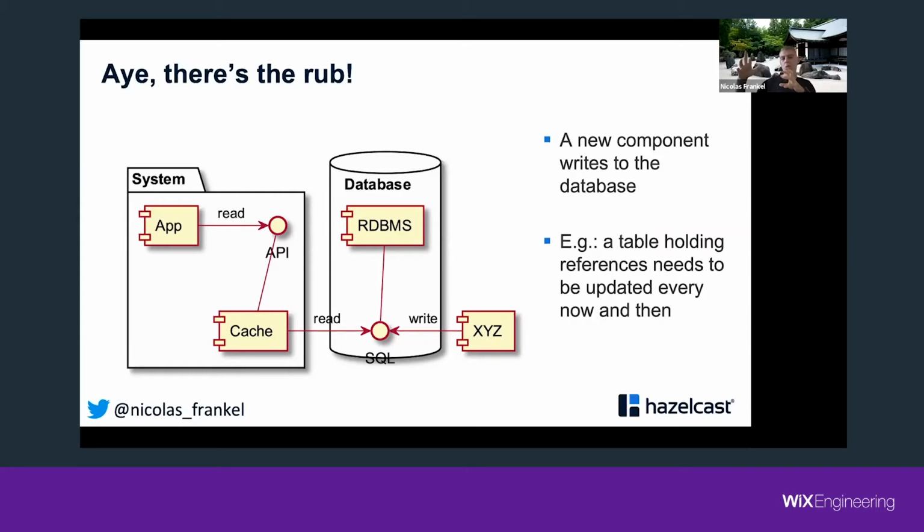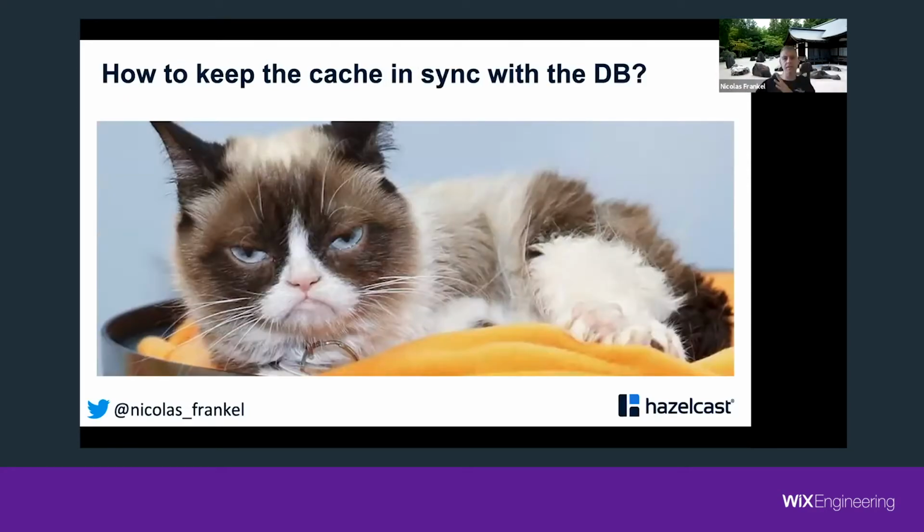In general, what will happen if you are using a database is you will have some reference data, and then when it gets updated, your cache is stale. So how do you keep both in sync? Because the database is the source of truth, the cache is only derived data.